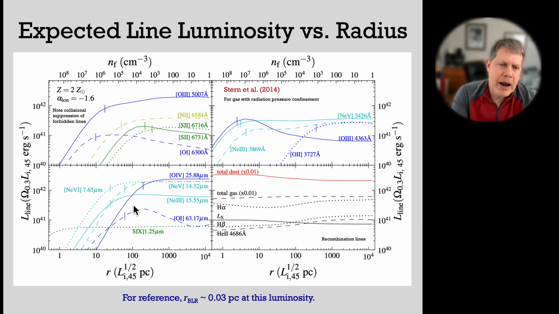So again, this is a rather busy plot, but it shows as a function of luminosity, along this axis in parsecs, the expected line luminosity for various lines from the narrow line region.